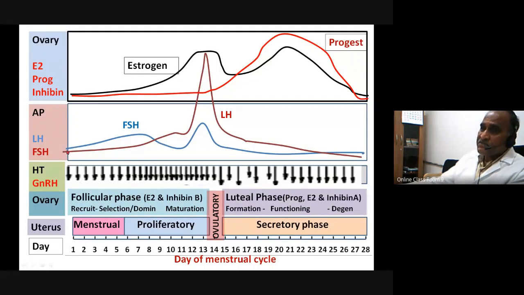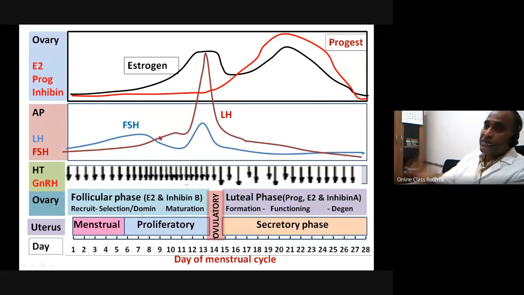GnRH, because of its activity, together with another hormone I mentioned, kisspeptin, increases the secretion of FSH in the beginning stage. FSH increases, and this increase in FSH makes the proliferation of the endometrium, and then at some stage this decreases because of the negative feedback mechanism.